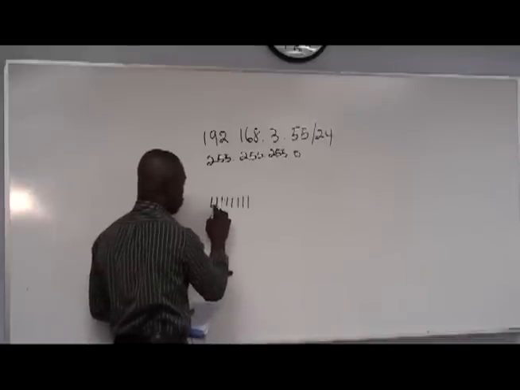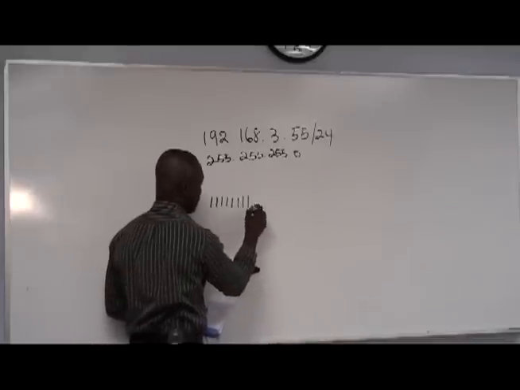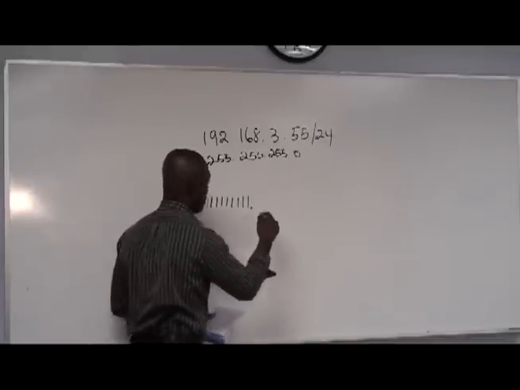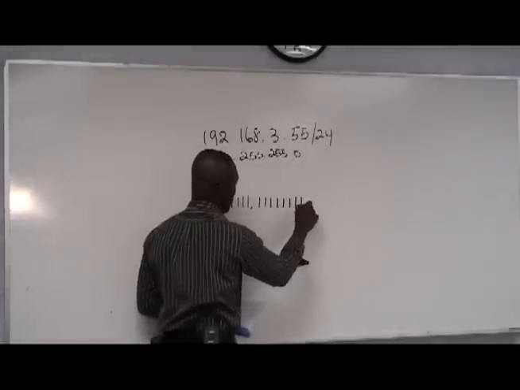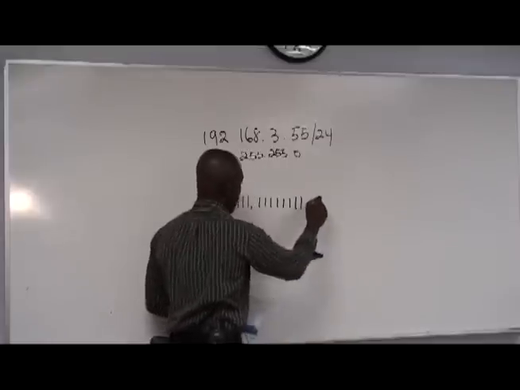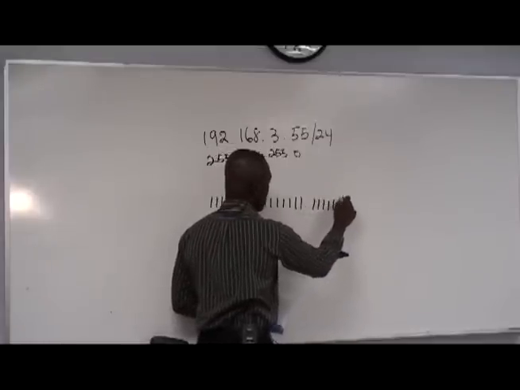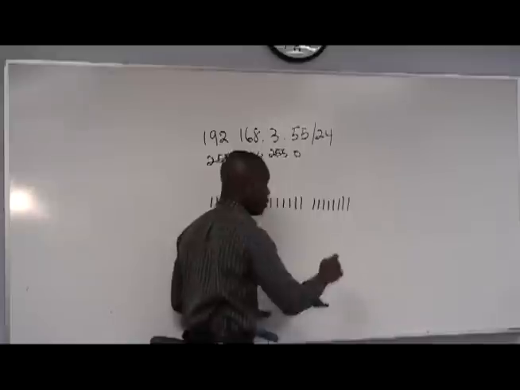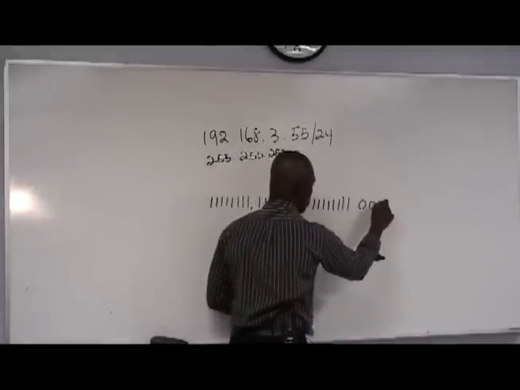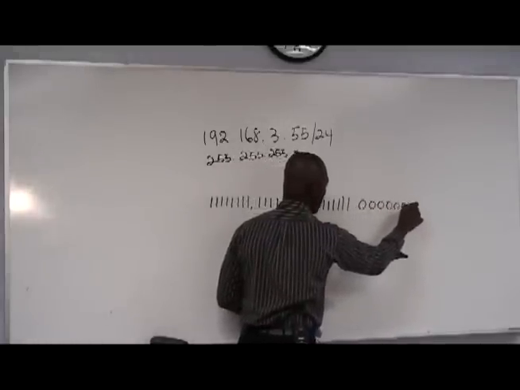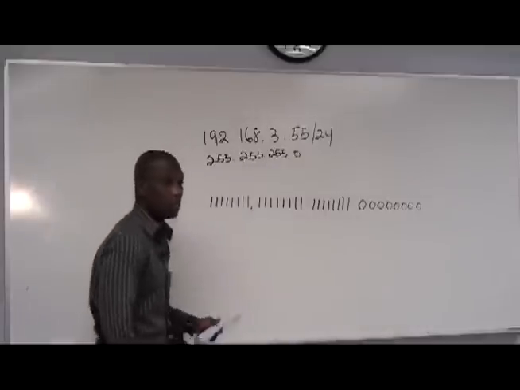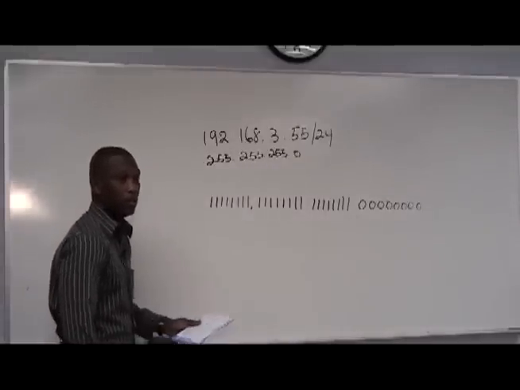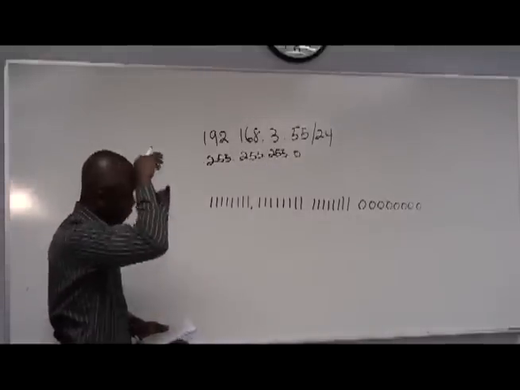So we have 1, 2, 3, 4, 5, 6, 7, 8, followed by a dot because it's dotted decimal notation, then another 8, then another 8, and then the last 8. This is what you call the subnet mask here in binary representation.